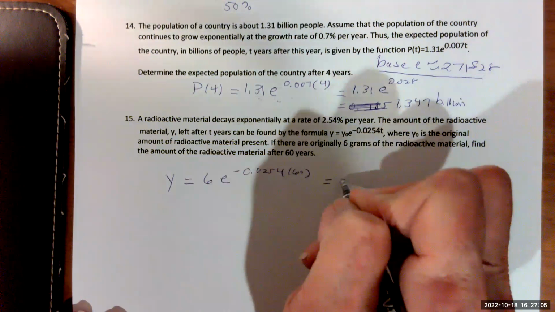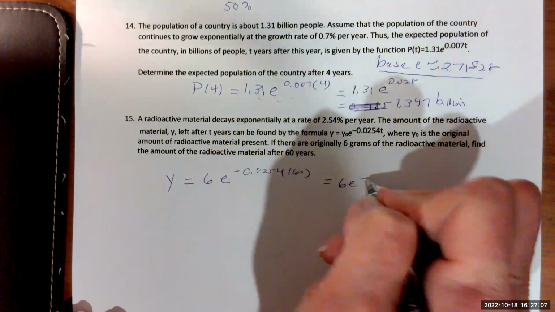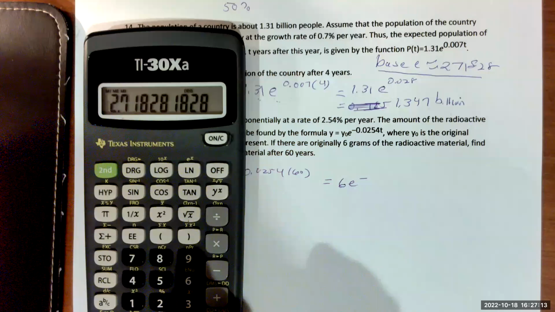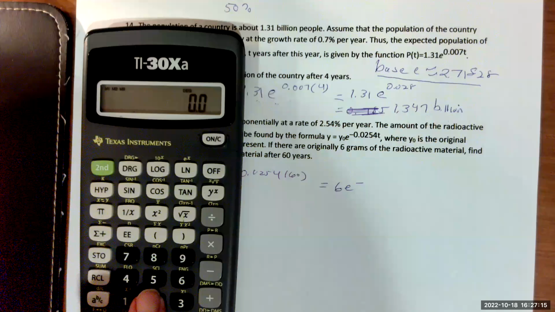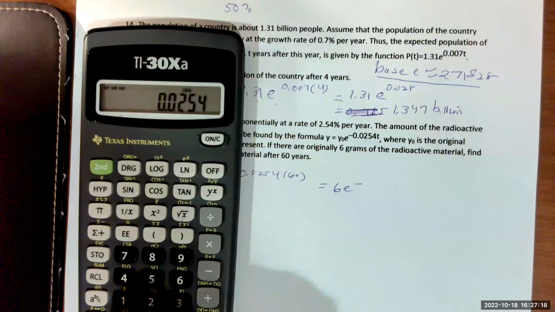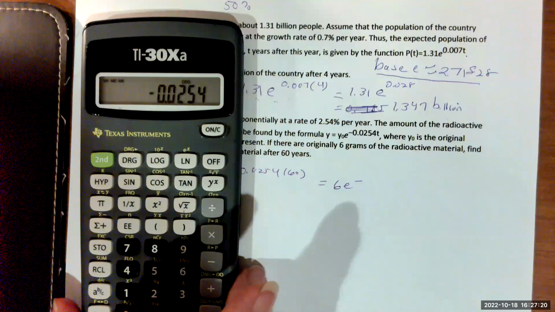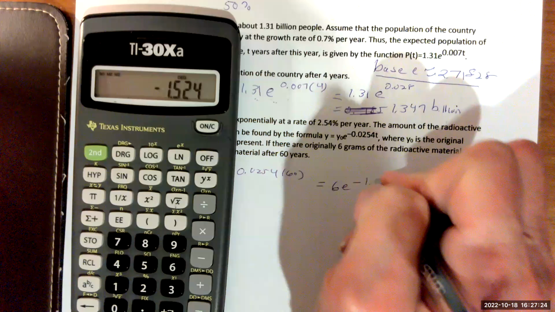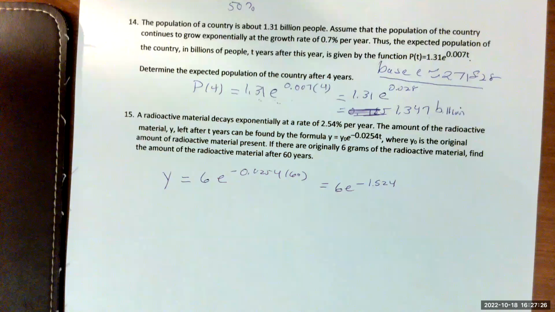Okay, so the first thing I'm going to do is simplify my exponent, and remember, this is a negative exponent, very, very important because this is a decay function. So I've got negative 0.0254 times 60. So I get negative 1.524. Okay, so I've simplified that part.